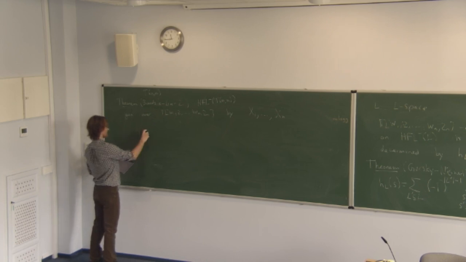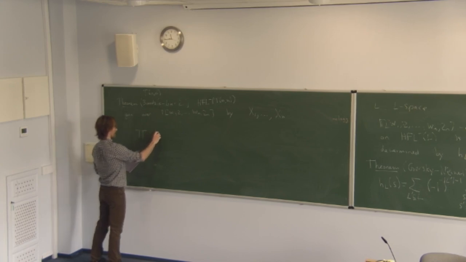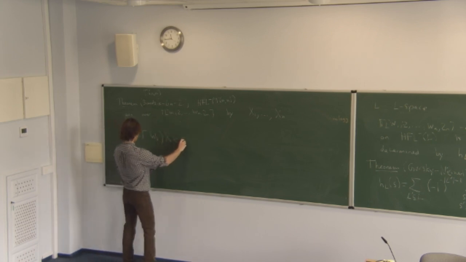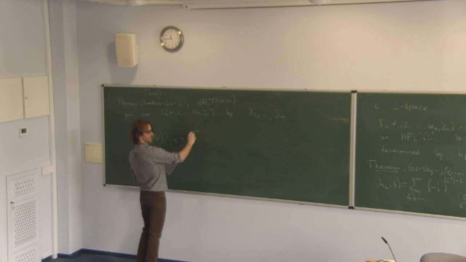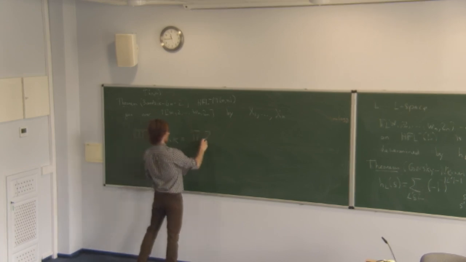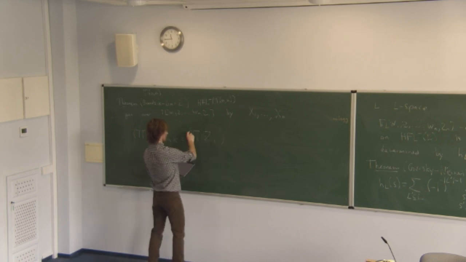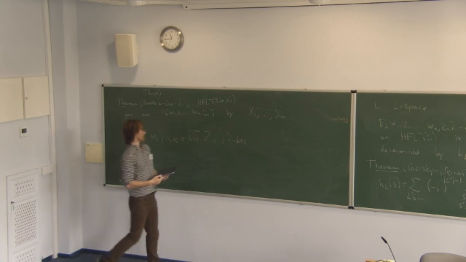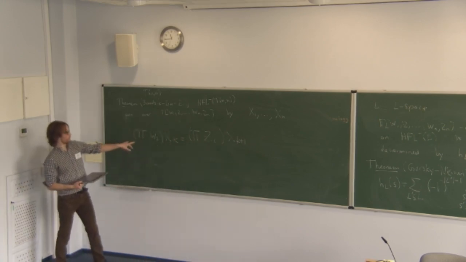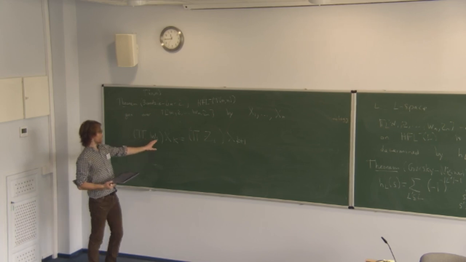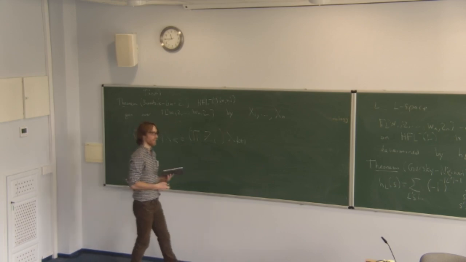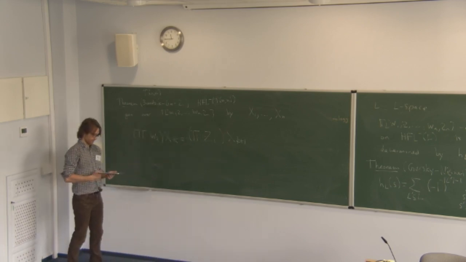I'm going to enforce the relation that a certain product of w_i's times x_k is equal to a product of some z_i's times x_{k+1}. I'll tell you exactly what these products are over.